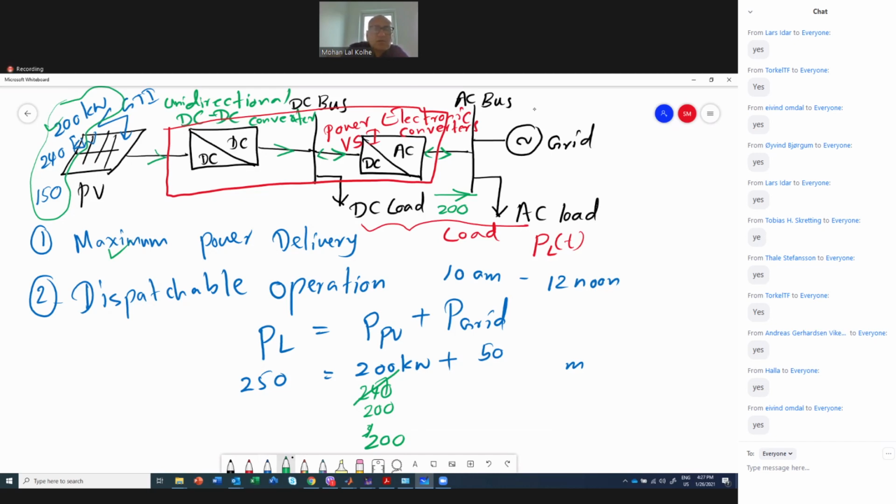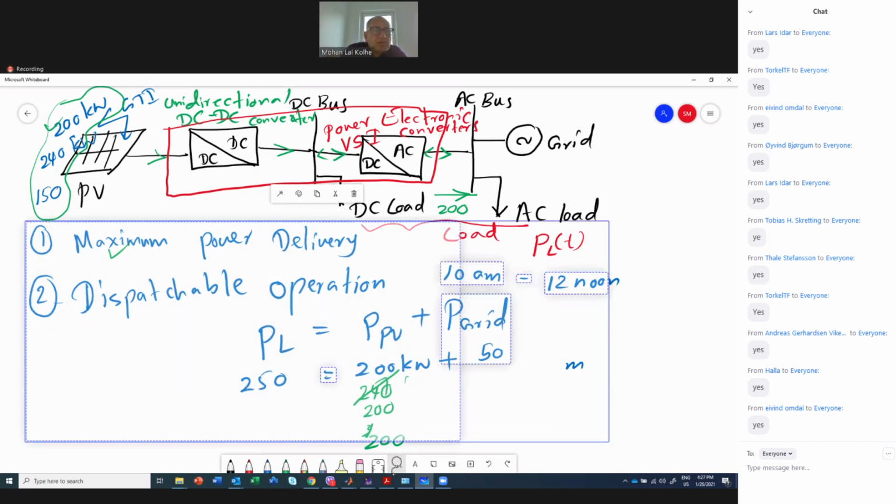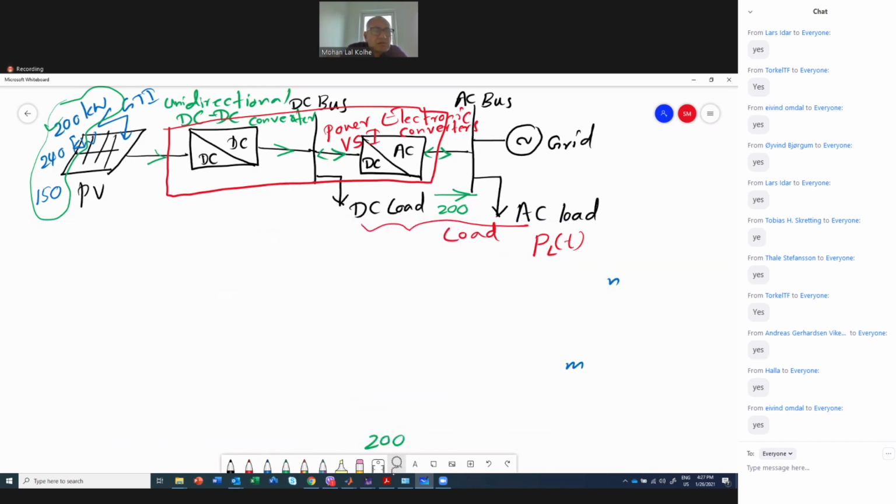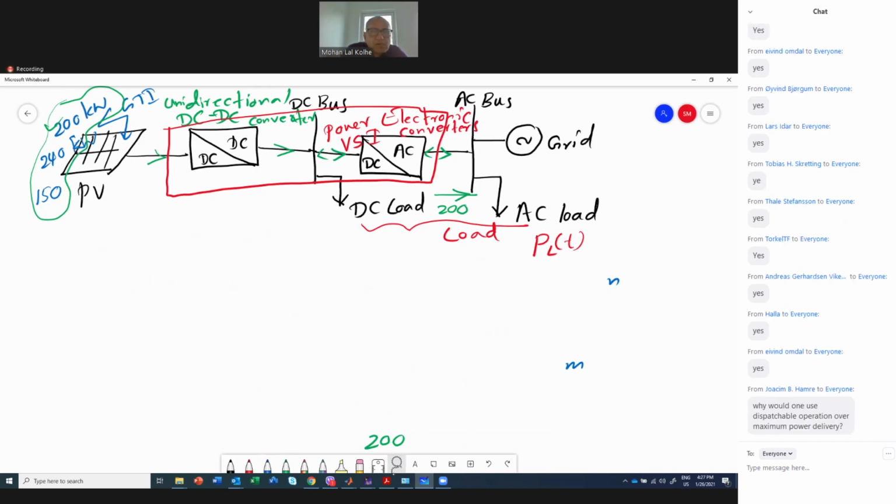So here the interesting thing is, during this 150, let's say the maximum power available at the PV panel is 150, but from the PV system you have to inject 200 kilowatt.